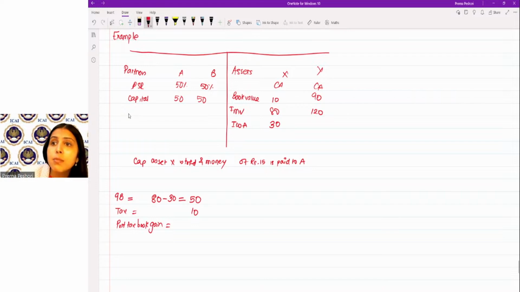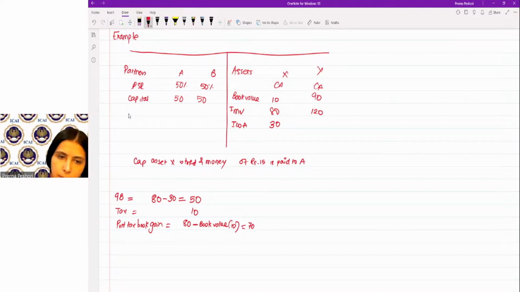So post-tax book gain will be what? FMV minus the book value and not the indexed cost, because in the books of accounts, we do not take indexation into account, right? As per AS, you do not take indexation, correct? So it is book value, which is 10.